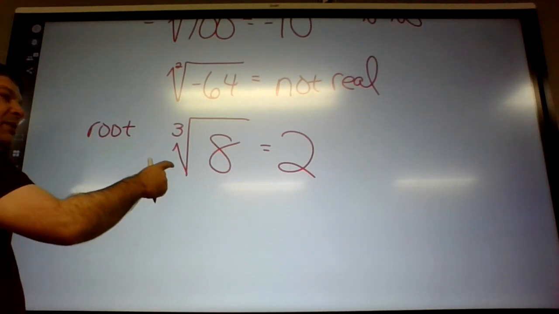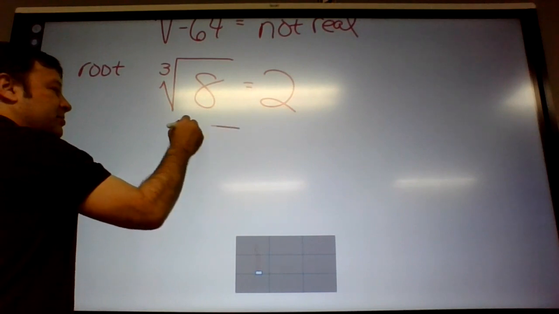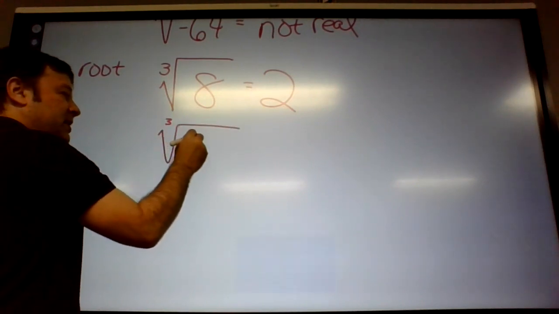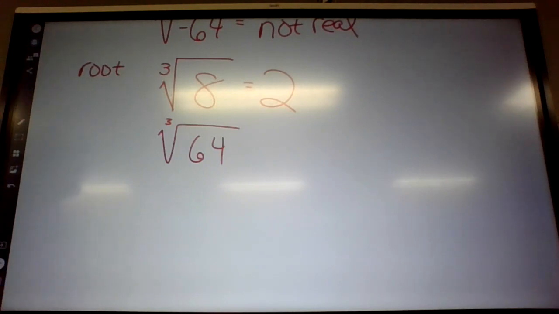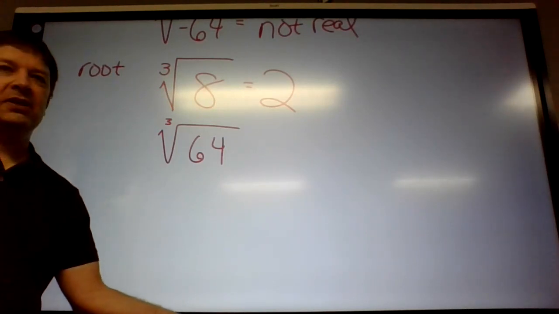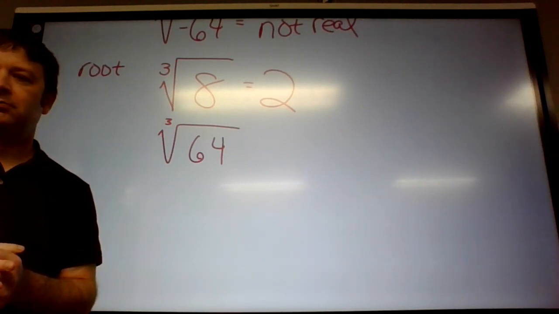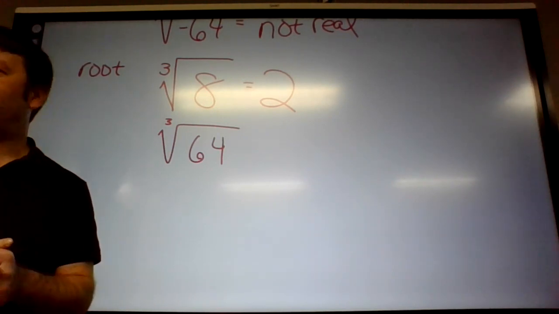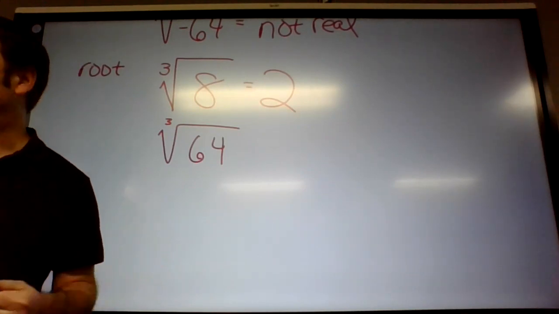Do you guys know how to plug this in your calculator? How about the cube root of 64? Let's see if we can all figure out how to plug this in. Everybody's calculator is different.